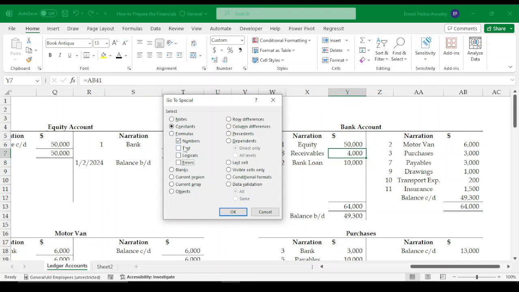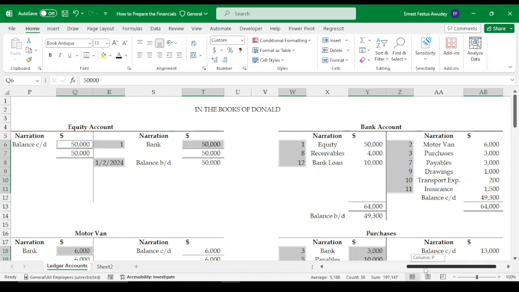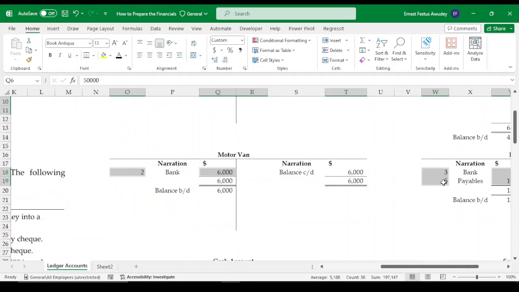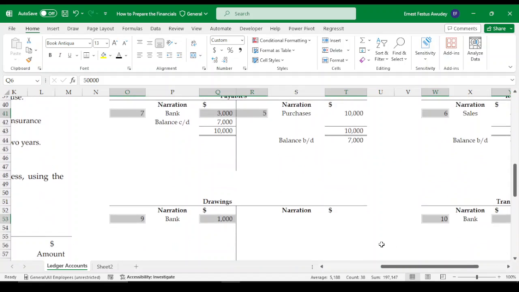So I want you to select all the constants that are numbers within my worksheet. I'll hit OK, and it has selected all the constants, although the transaction numbers have also been selected. We are not interested in those ones, but just for illustrative purposes, it has selected all the amounts that we have entered manually, as you can see.